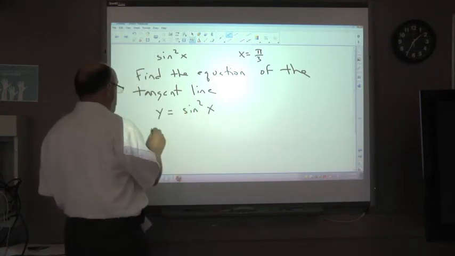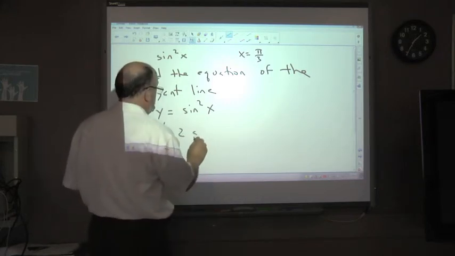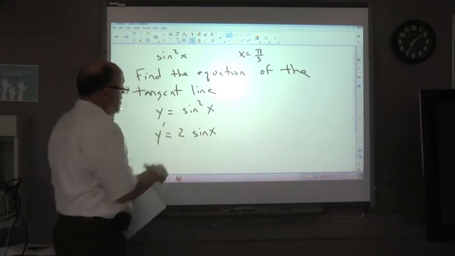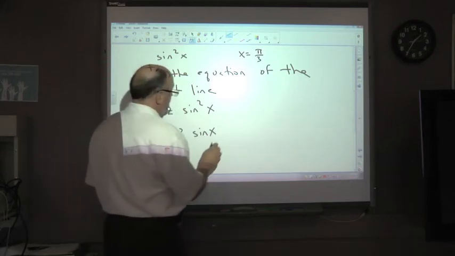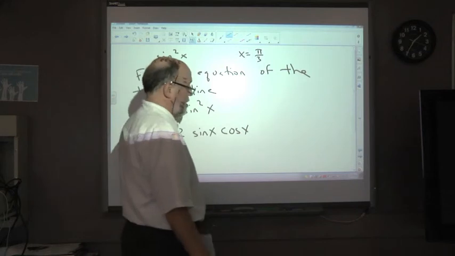So my derivative, y prime, will be 2 sine x. Okay? Again, the 2 comes out front. We drop the exponent by 1. And then the derivative of sine is cosine. Okay?